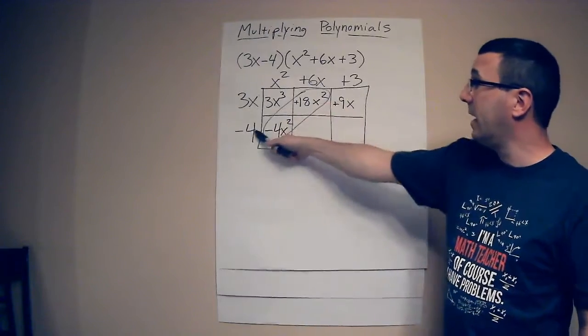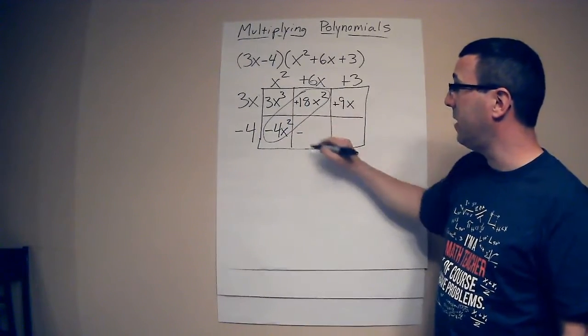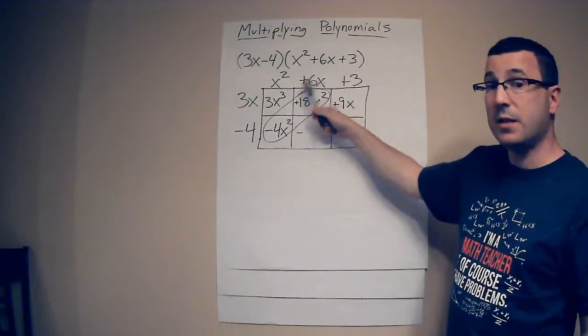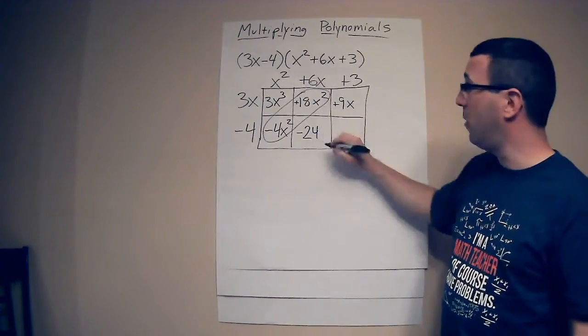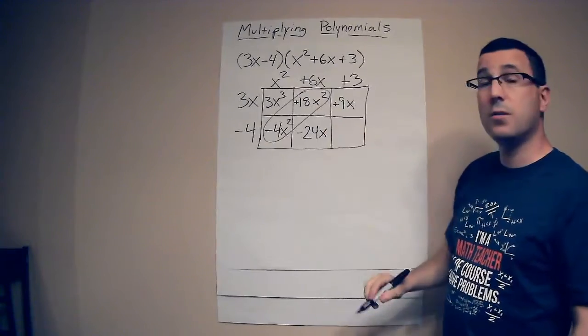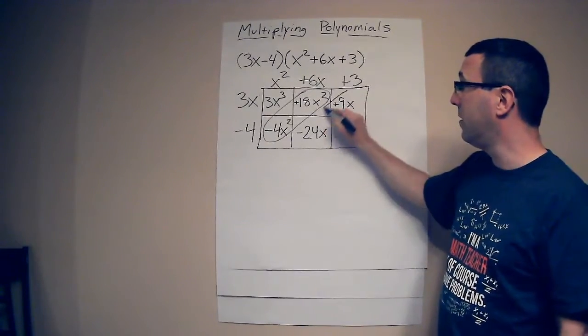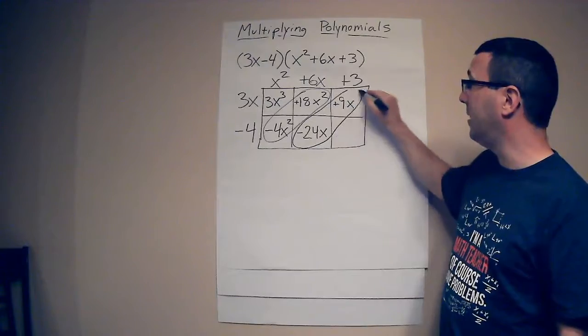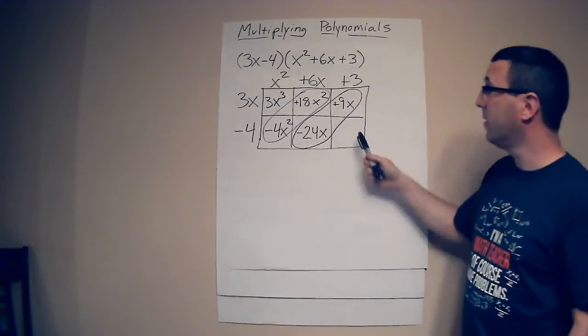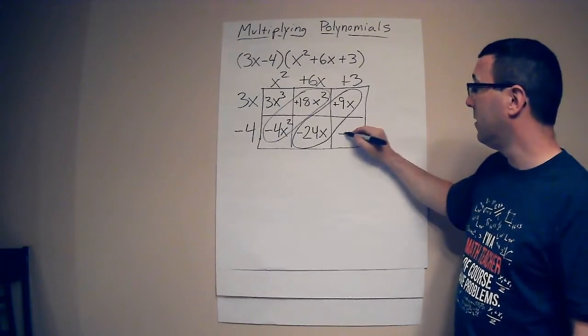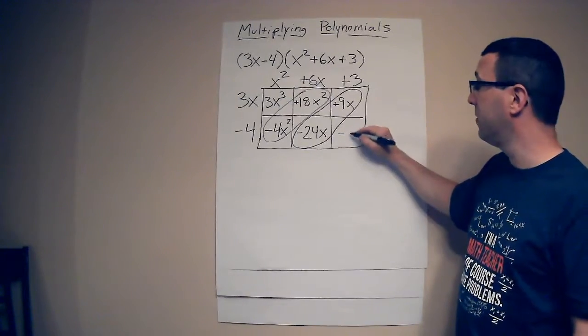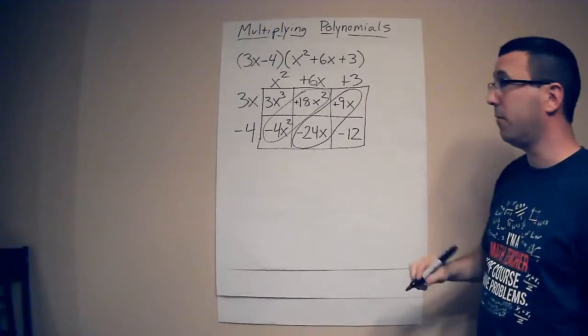Negative times a positive is going to be negative. 4 times 6 is 24. We only have that one x, so we have x. Again, diagonally my like terms. Lastly, negative 4 times 3. Negative times a positive is negative. 4 times 3 is 12.